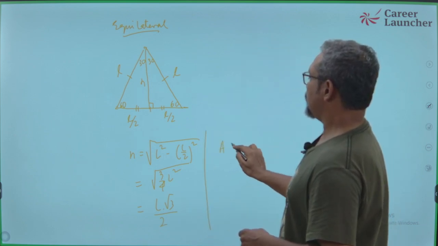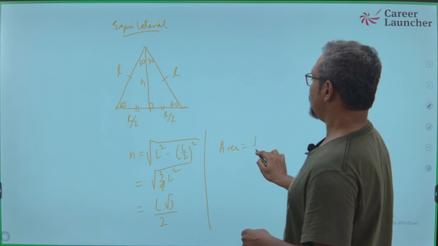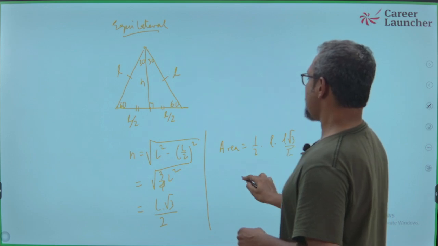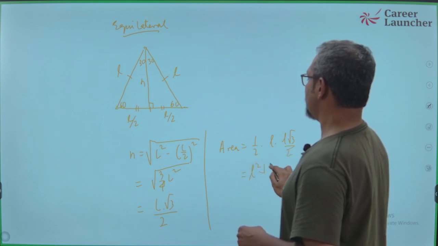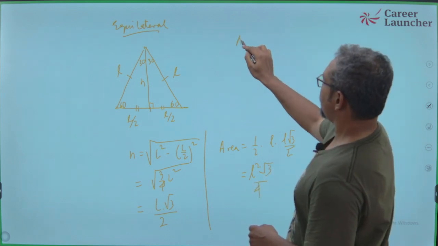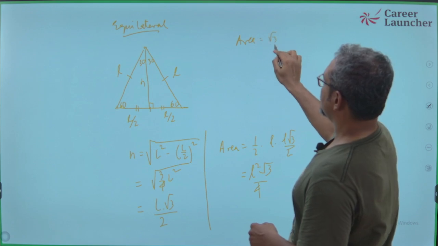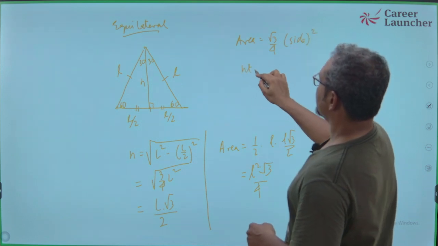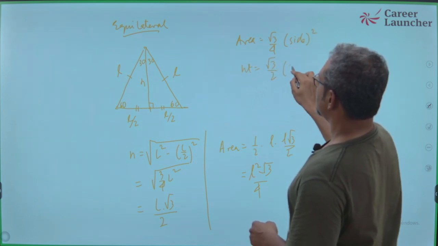And the area would be half base, which is L, times L root 3 by 2, so L squared root 3 by 4. So we have the area as root 3 over 4 times the square of the side and the height to be root 3 by 2 times the side.